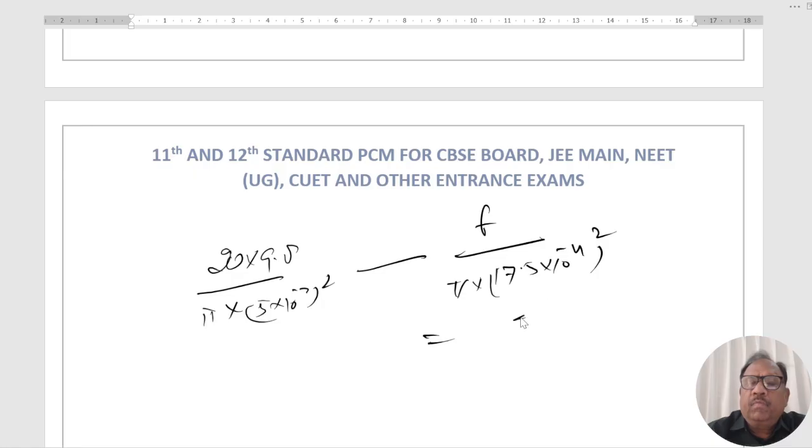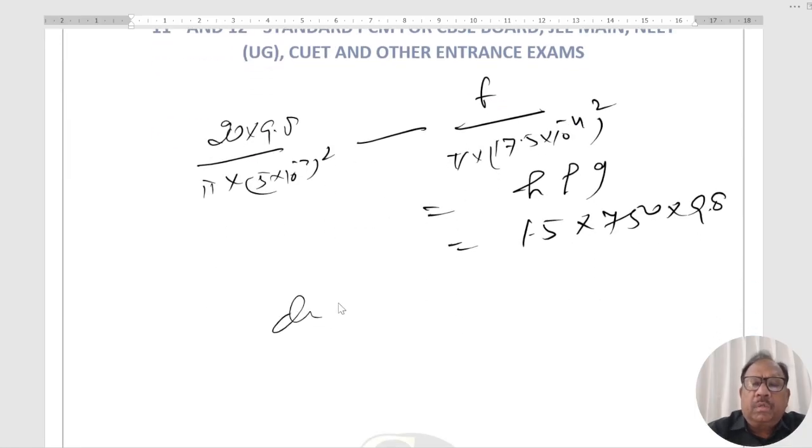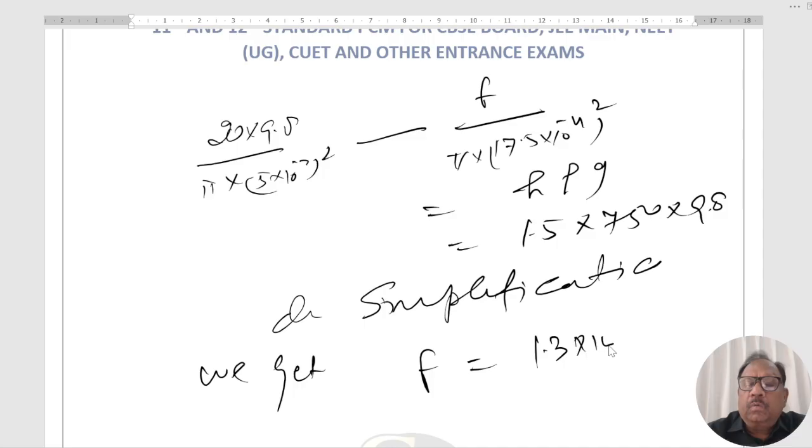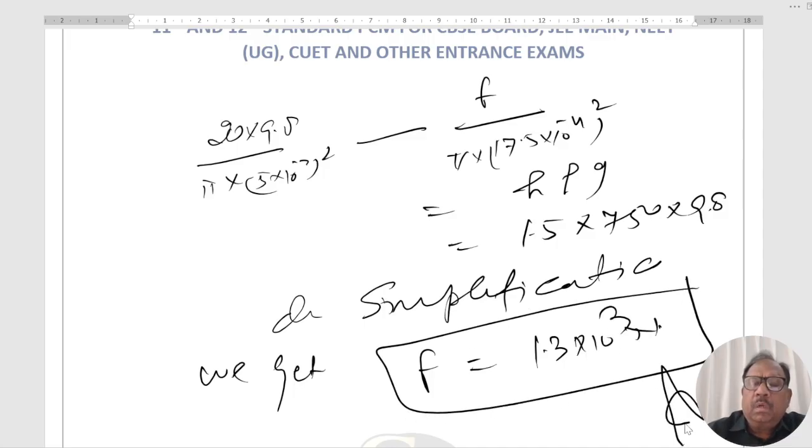This comes out to be H rho g, which is 1.5 into 750 into 9.8. On simplification, we get F equal to 1.3 into 10 to the power 3 Newton. That is the answer, right?